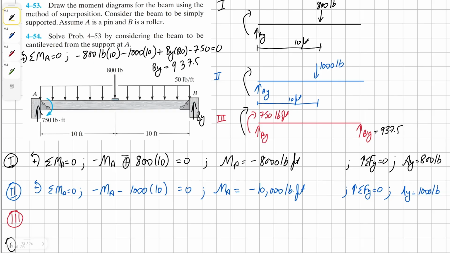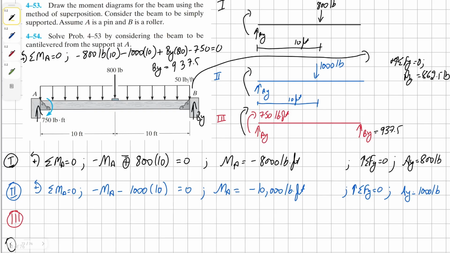And then another thing is the value of Ay, which in this case we still didn't know, but we do know the total moment that is going to act at point A. Let's do that before we do anything else.